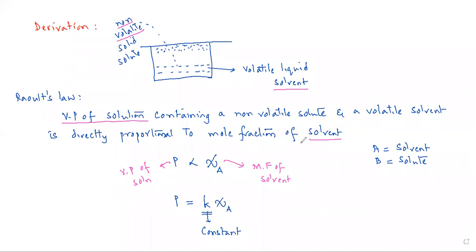Now let us take some modifications of this. See, if this XA, I mean the mole fraction of the solvent, is 1.